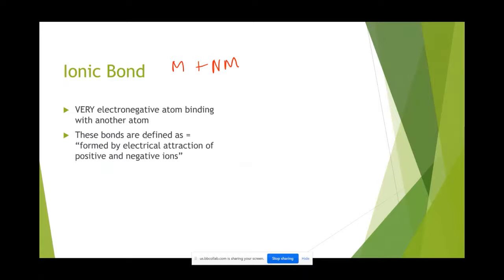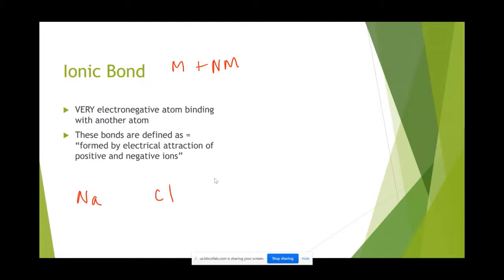That is the formation by electrical attraction of positive and negative ions. So what am I talking about here? Something very electronegative binding with another atom. If I put NaCl, remember the positive and the negative ions?